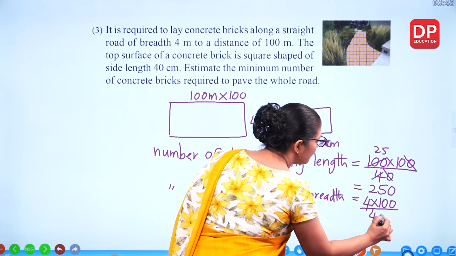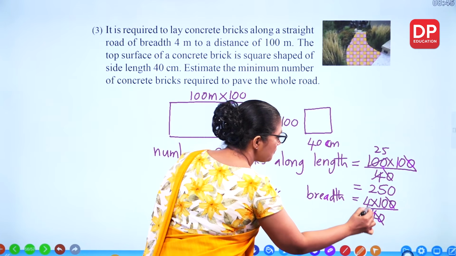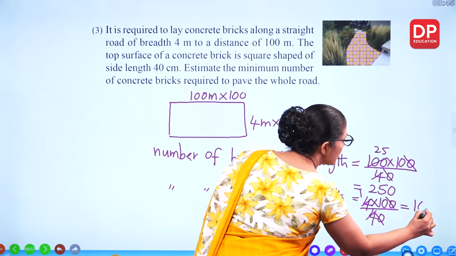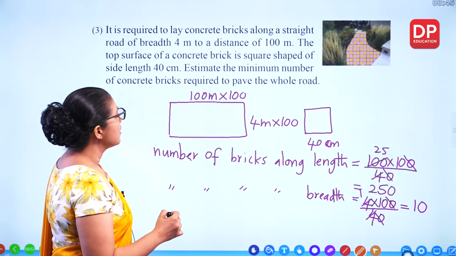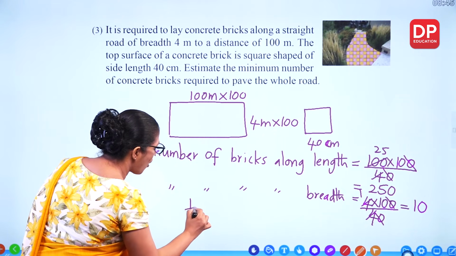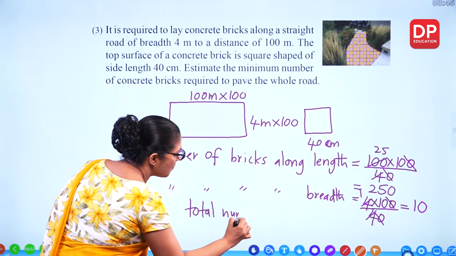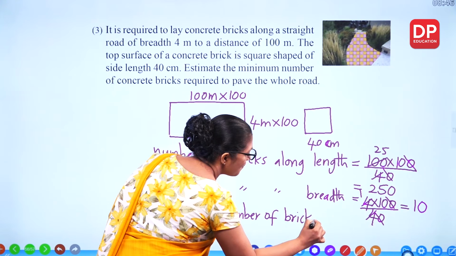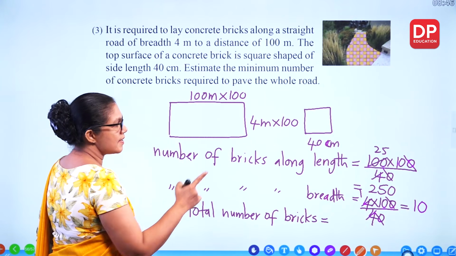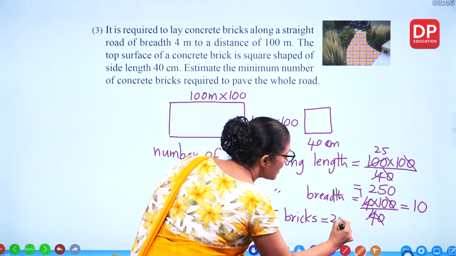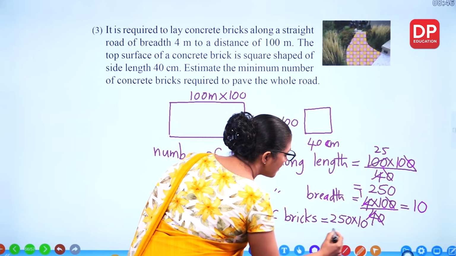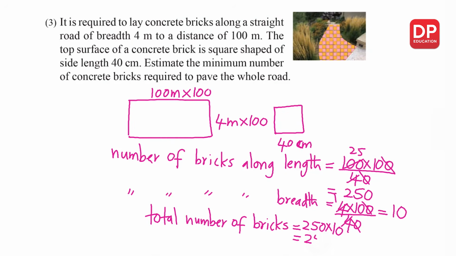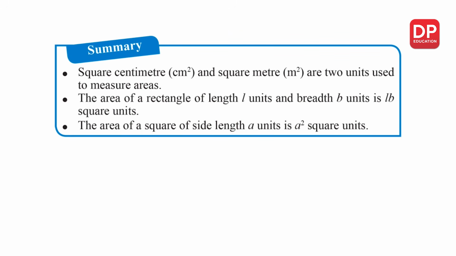Divide by 40. You need 10 bricks along breadth. So what's the total number of bricks you need? Total number of bricks is 250 multiplied by 10. You need 2,500 bricks. So we covered all theory related to areas.